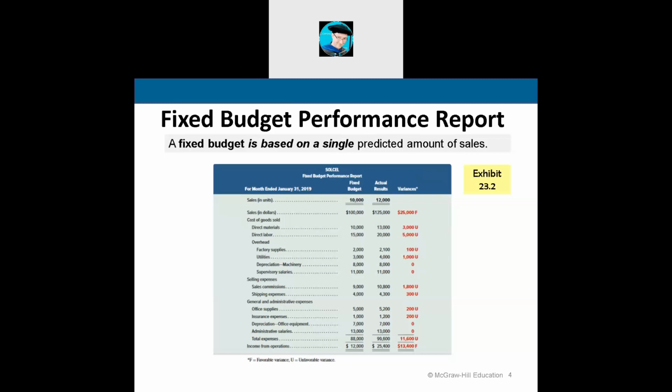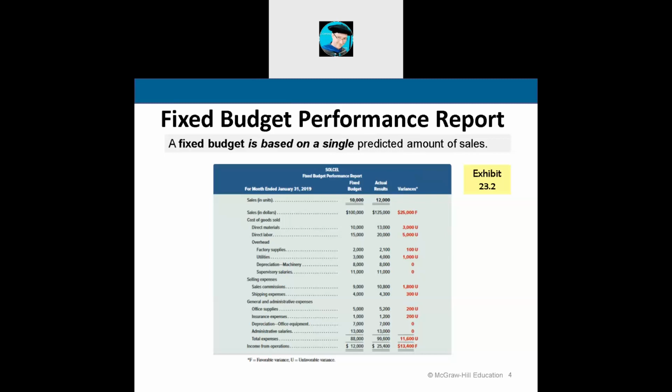Direct labor. I budgeted for 15,000, came in at 20. That's 5,000 unfavorable. Why? Because you spent more on labor than what you said you were going to. Factory supplies. I'm over by $100. Unfavorable. Utilities. I'm over by $1,000. Unfavorable.